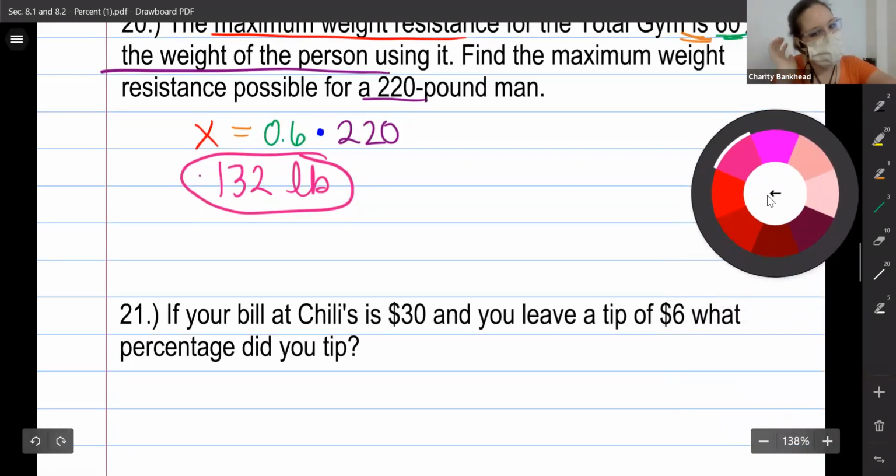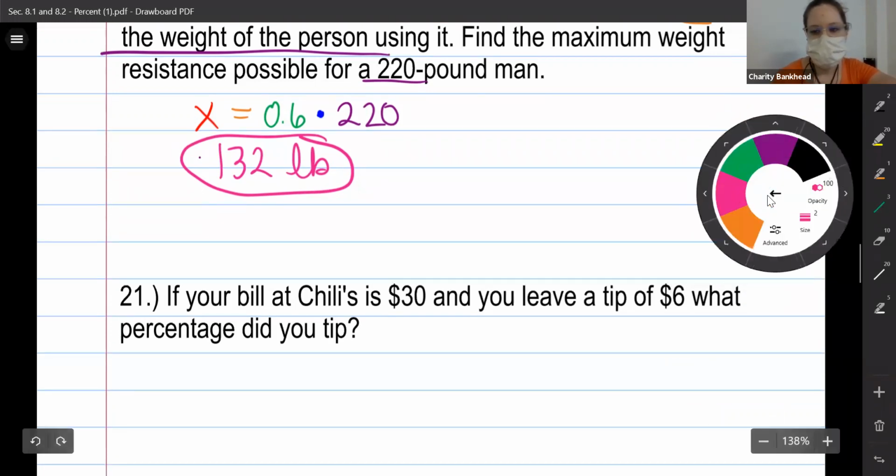All right, number 21, if your bill at Chili's is $30 and you leave a tip of $6, what percentage did you tip?